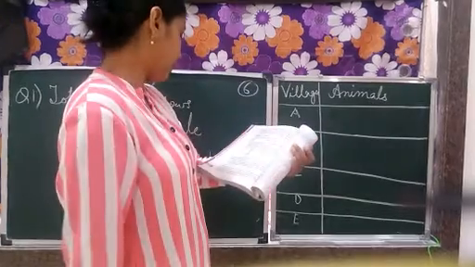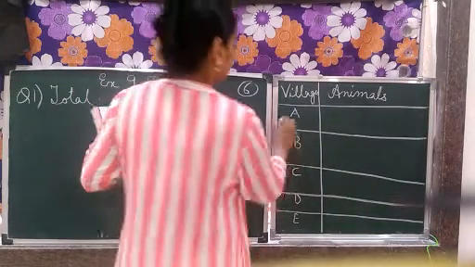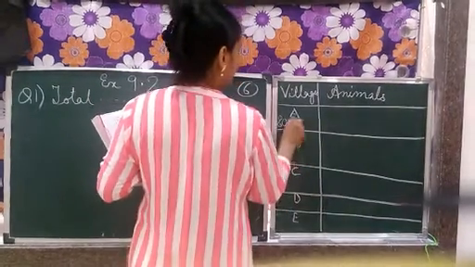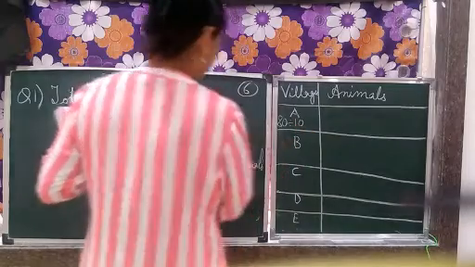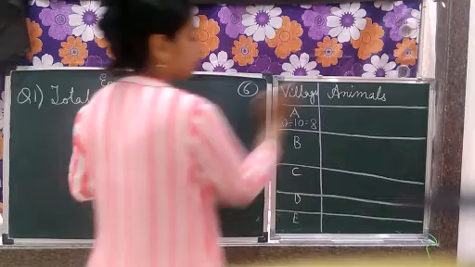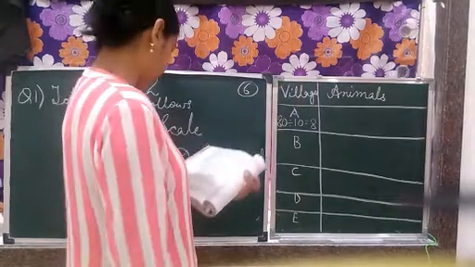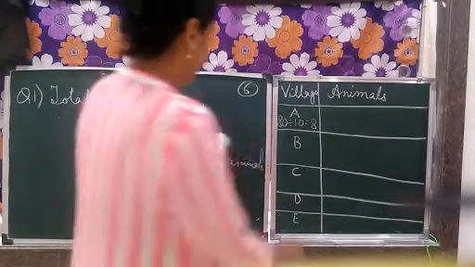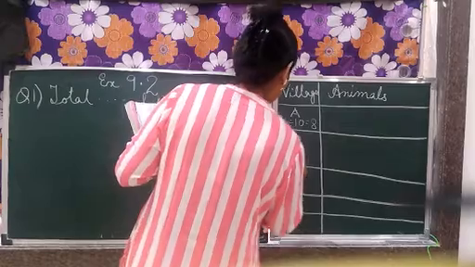Village A has 80. So 80 divided by the scale. Here is the scale. 80 divided by 10 will give you 8. That means how many symbols you will be drawing here? 8 symbols. Similarly, village B is 120.